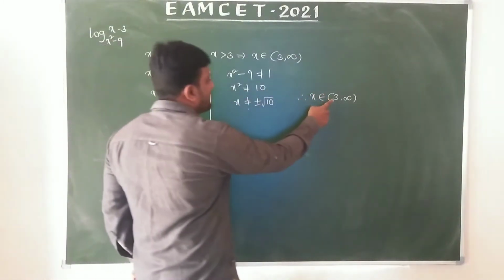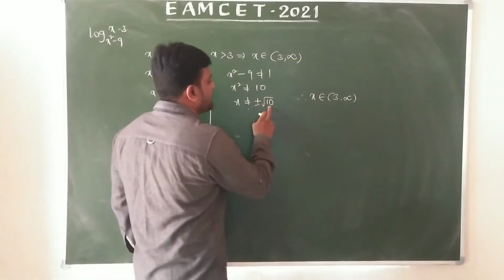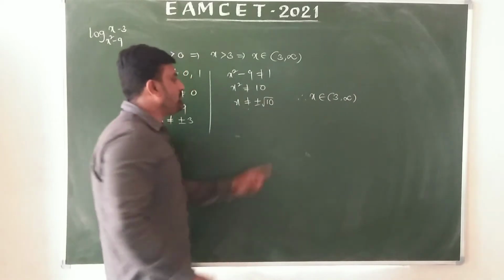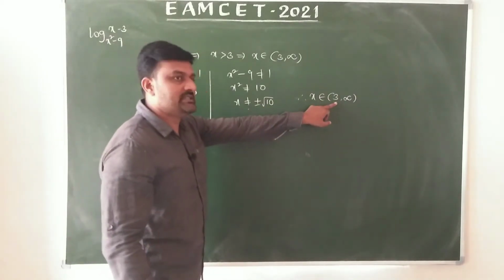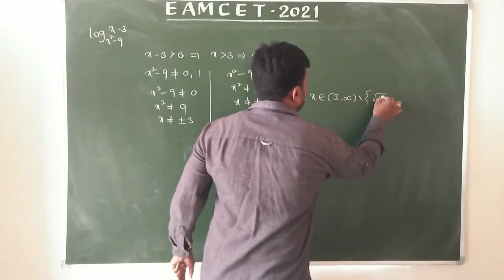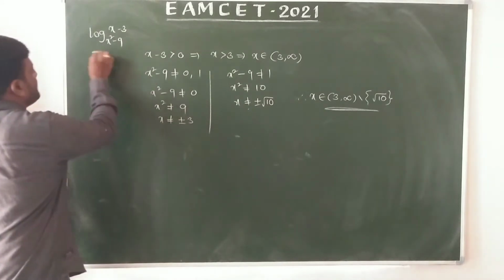So plus or minus 3 already excluded. And minus root 10 also does not belong to this interval. Only plus root 10 is in this interval. So, except root 10. Okay. This is the solution for the given function.